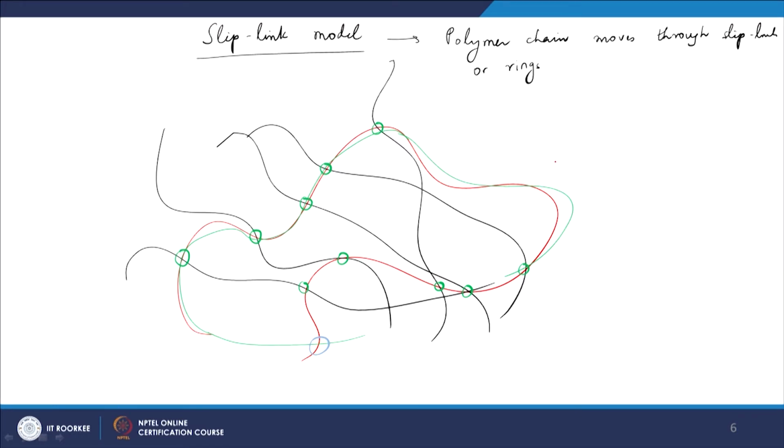We can imagine that the polymer chain, if I draw just one of them, consists of many of these rings which represent its intersection with other polymer chains in the system, and when it moves through the slip links or the rings, it essentially is moving along the contour. So, what the slip link is doing is it ensures that the movement occurs along the contour. If I think of a new position, let me use a different color.